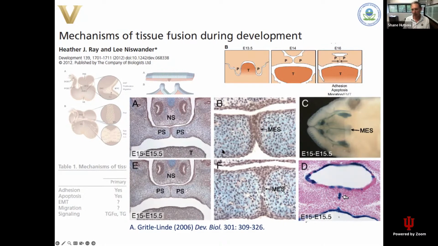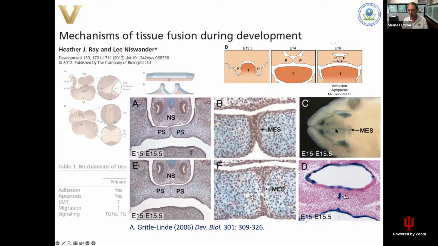The blue area are mesenchymal cells, and then the browner area are the epithelial cells on the outside of that. And one of the keys to fusion is that after the two tissues meet, the epithelial cells that are in the seam need to go away, right? And they could go away in a number of ways. They might migrate, they might die, they might change into another cell type. Right, all of those are possibilities.